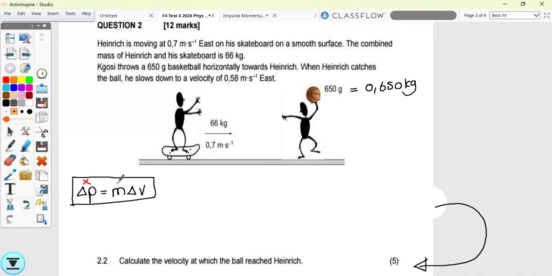They want the ball, so we do have the mass of the ball. But do we have the change in momentum of the ball? They want the velocity, so they want the change in velocity. We have the mass, but we do not have that. And we can also not use F delta T because we don't have the time and we don't have the force. So you're going to get stuck using that equation.